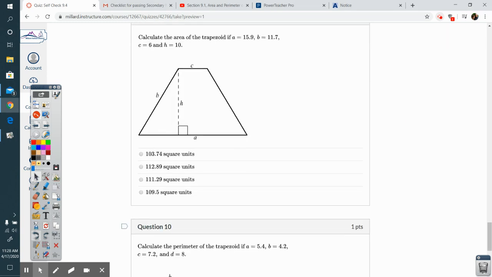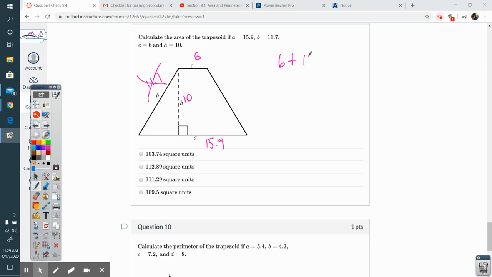Okay, area, if you have these. You've got A 15.9, which I don't know why I wrote that, but we'll do it again. 15.9 is A, B is 11.7, and C is 6, and H is 10. So this is extra information.